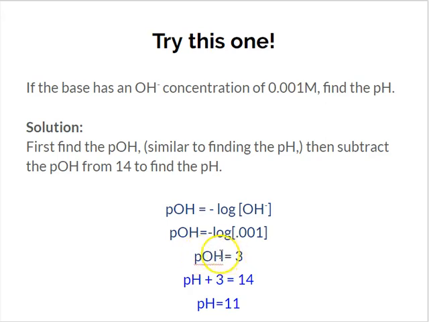The pH and the pOH must sum to 14. So if we solve for pH, we simply take the 3 and subtract it from the 14, and we get a pH of 11. Just remember, anytime we are dealing with hydroxide concentration, which is going to be a base, we should have a pH greater than 7. Bases are always greater than 7.